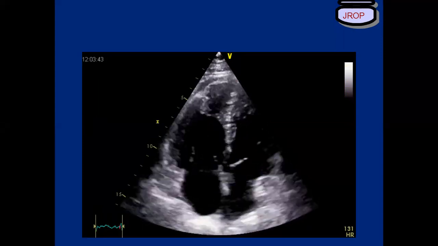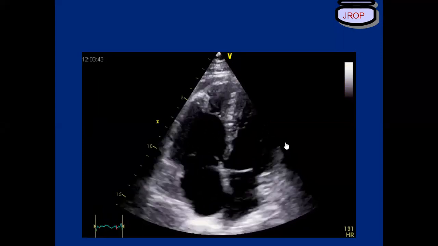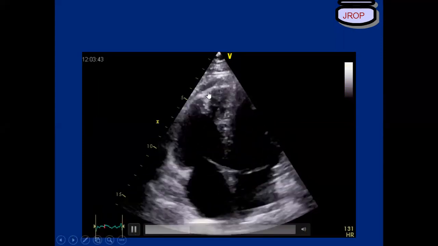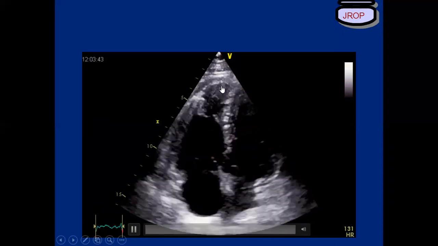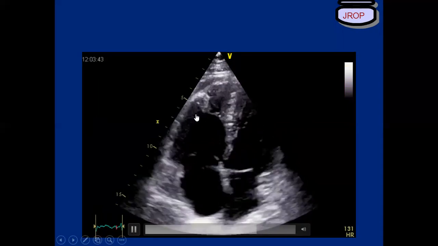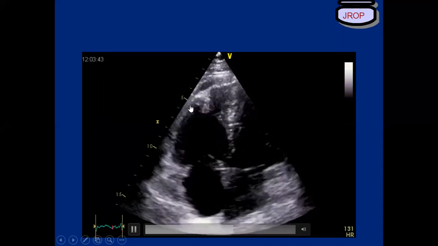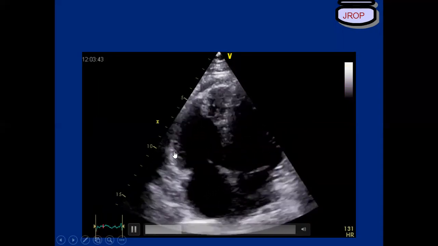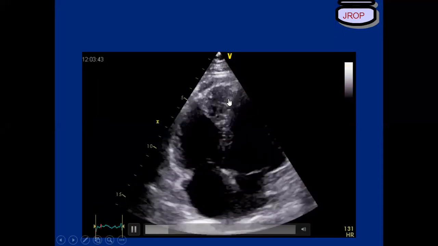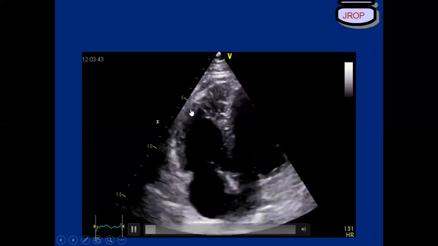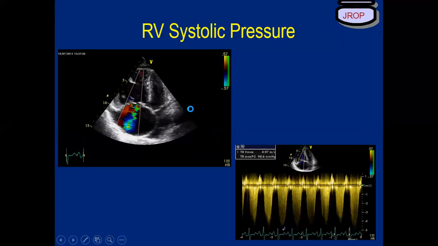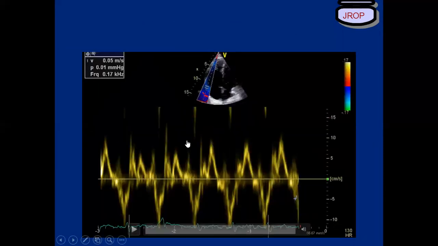Now look at this picture over here. Look, this apex is contracting, and this is stationary. Apical sparing is present, but this is almost stationary. When you do a tissue Doppler in this subset of population, what will happen?